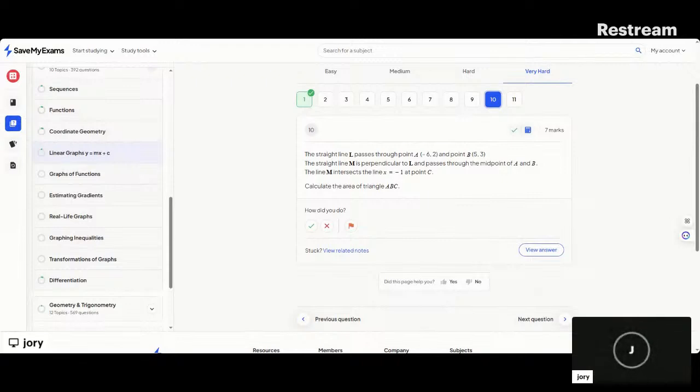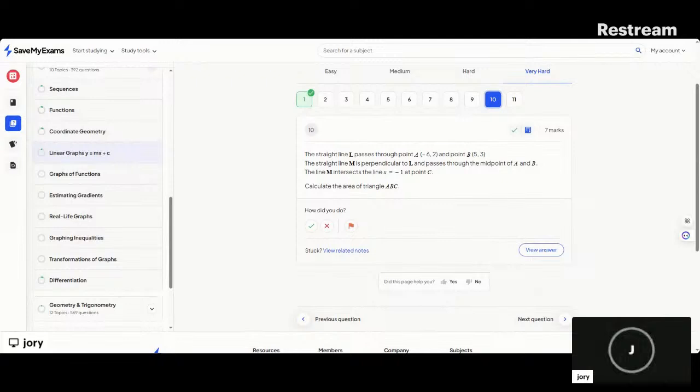So it's going to be 1 over 11. And then for line M, because it's perpendicular, it is the negative reciprocal, which is -11. So line M equals -11x plus C, which we still have not found.